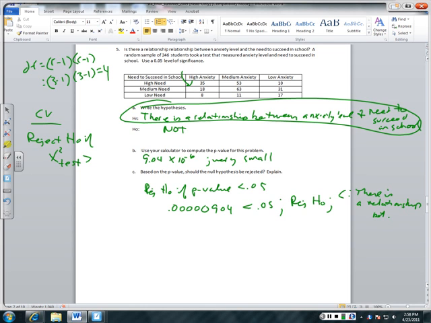Looking at the chi-square table, for alpha 0.05 and 4 degrees of freedom, that's 9.49. And then on the calculator, we found a chi-square test of 28.69, and that is greater than 9.49. So again, we reject H0 and conclude there is a relationship.